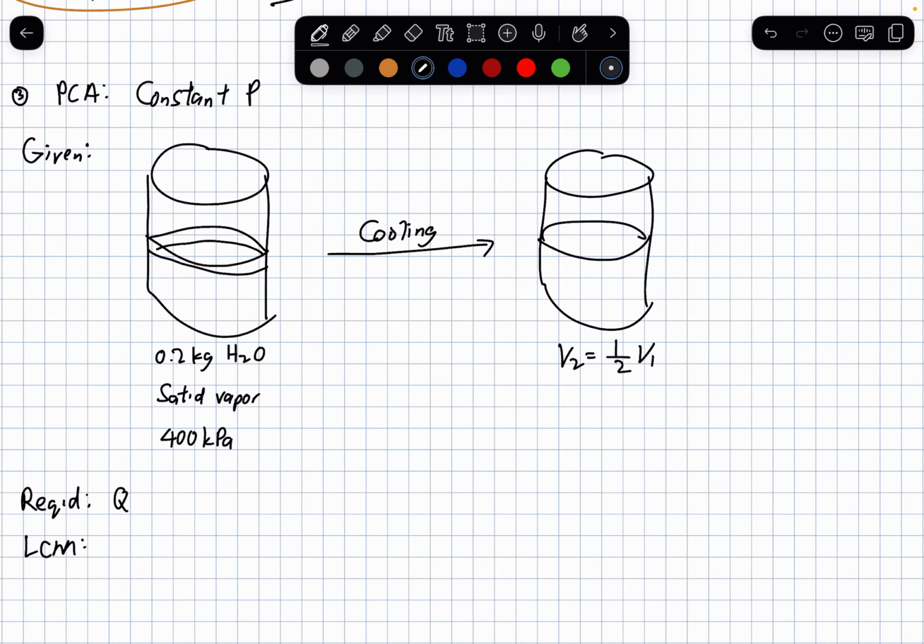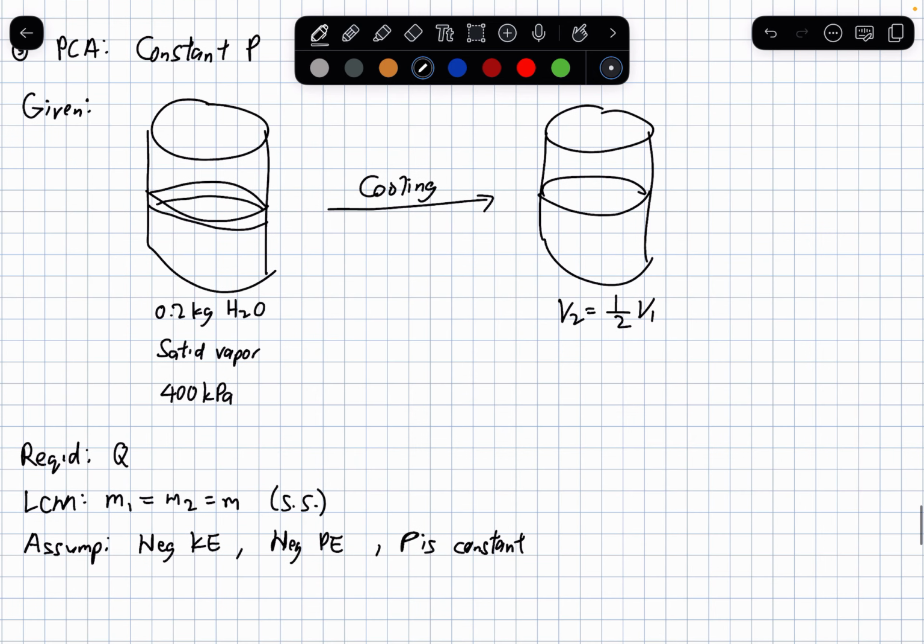LCM. There is no accumulation information mentioned, so we assume this is steady state. Assumptions: negligible KE, negligible PE. P is constant. What else?